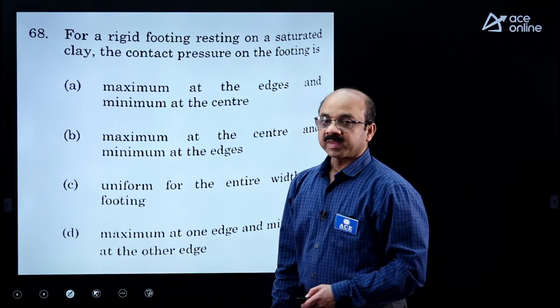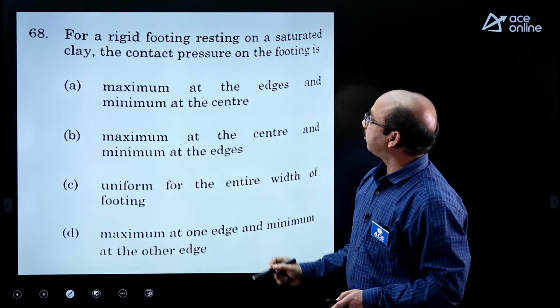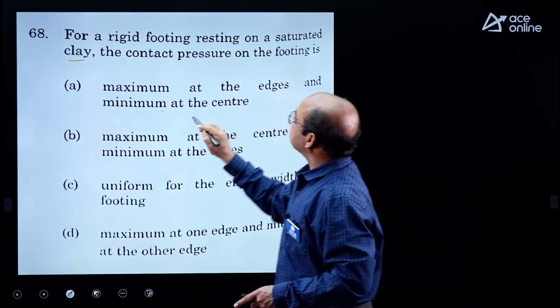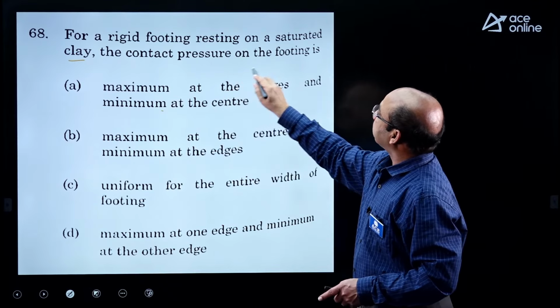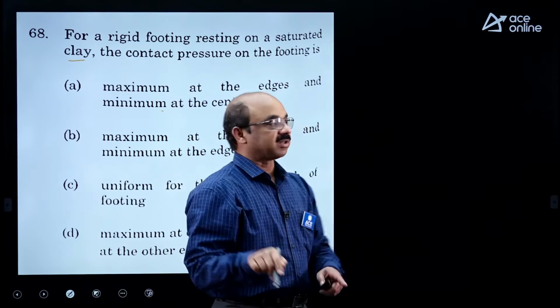Next is, for a rigid footing resting on a saturated clayey soil. Please be careful here. The footing is rigid, resting on the clayey soil. You are asked to answer regarding the contact pressure variation. You may recall the pressure distribution diagram.